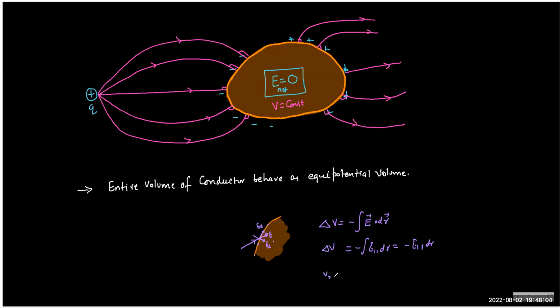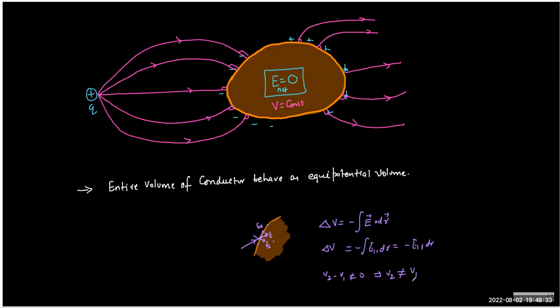So V2 minus V1 will be non-zero, which means V2 will not be equal to V1. But this is a violation of the assumption that it's equipotential. Understand? Anyway, in the potential chapter, the meaning will be clear.